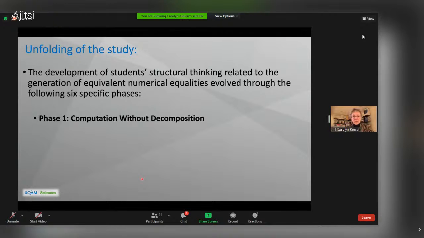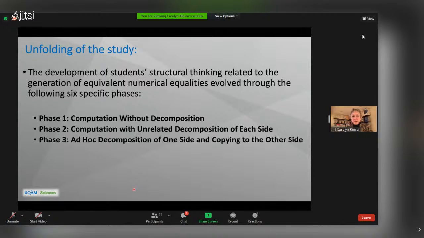The first phase, computation without decomposition. The second phase, computation with unrelated decomposition of each side. The third phase, ad hoc decomposition of one side and copying the decomposed expression over to the other side.